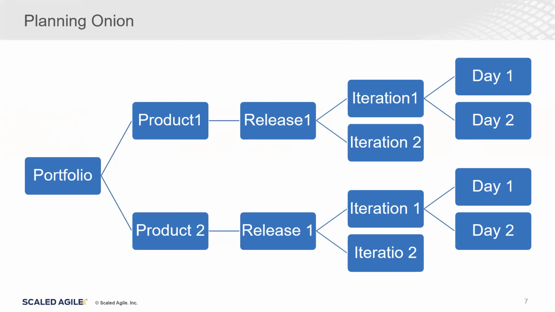The portfolio will have the portfolio backlog, and there are different epics, and these epics have different program backlogs. Each will have releases, so they'll be planning the iterations and day planning. This is like a planning onion, just as an example.